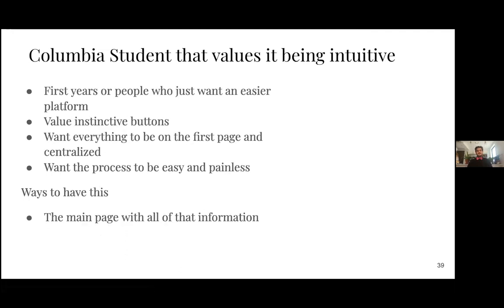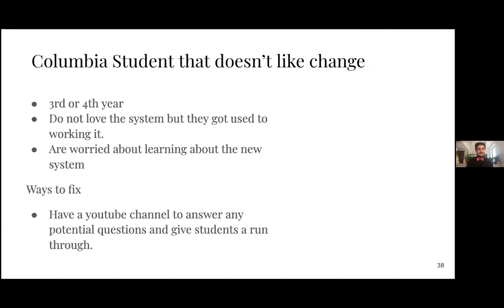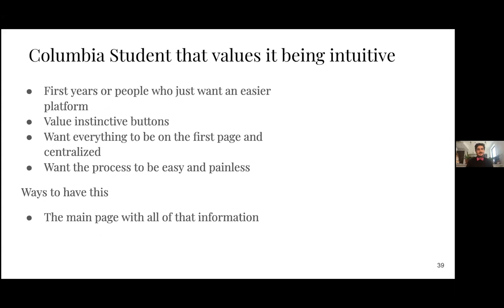I guess what I'm just trying to say here is that this is less of a persona and more of an archetype, because in personas you saw an example key person and you got their story, you got their motivations, frustrations, goals. And this is more of an archetype of, cool, we've got Columbia students that don't like change. Next up, Columbia students that value it being intuitive.